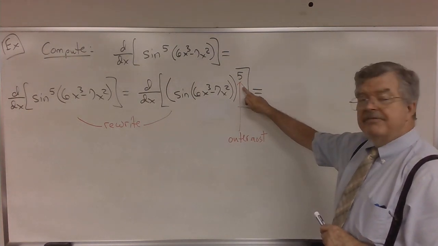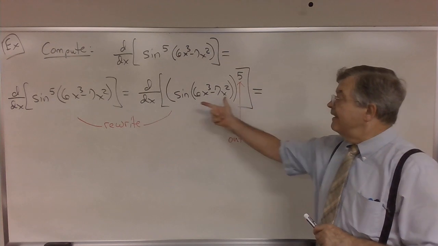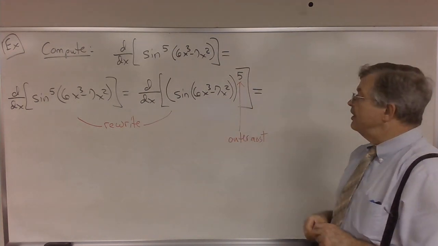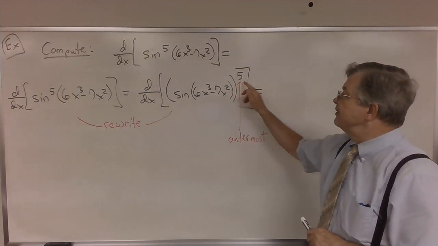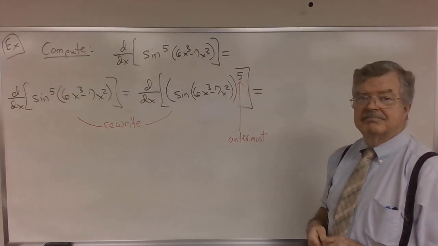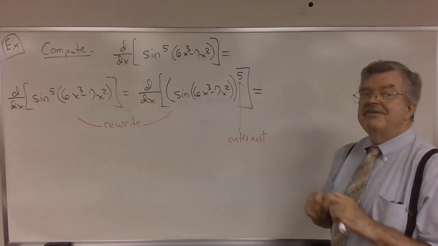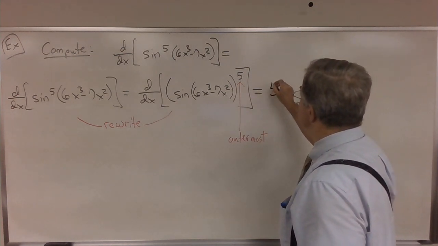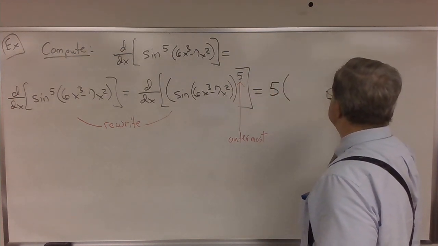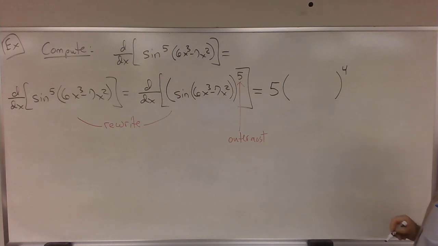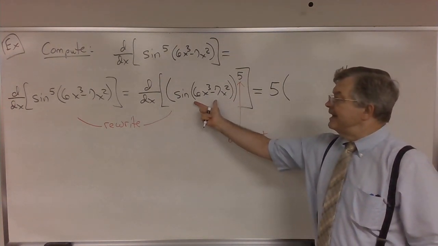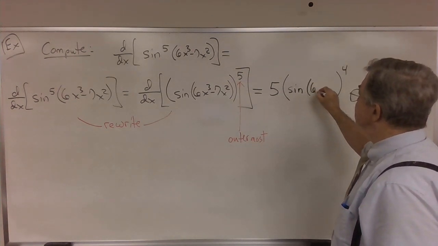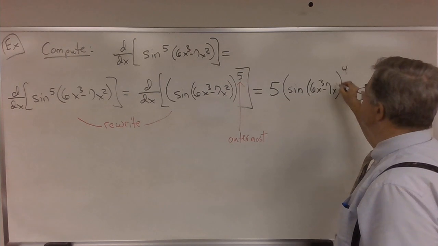We compute the derivative of the outermost function evaluated at everything inside, right? So what's the derivative of something raised to the fifth power? 5 times something raised to the fourth power, right? So here's the derivative of the outermost function, and then it's evaluated at everything inside: sine of 6x cubed minus 7x squared.